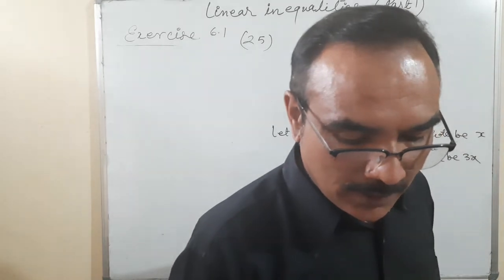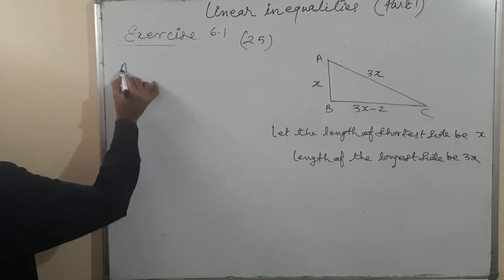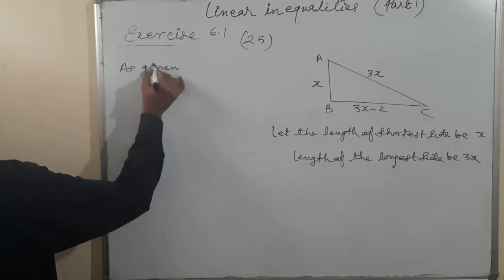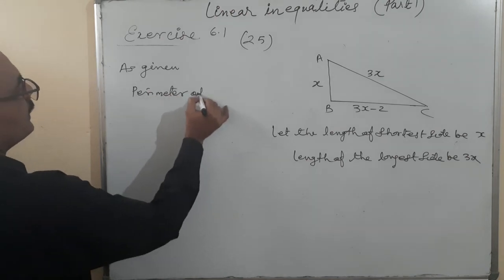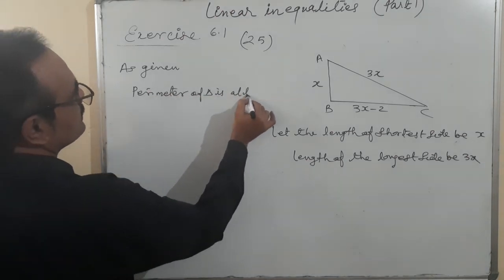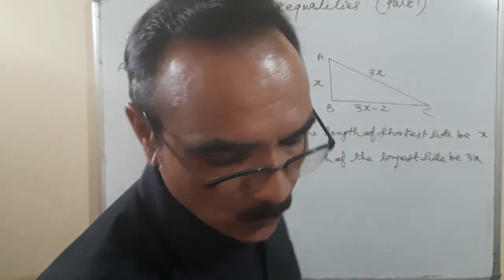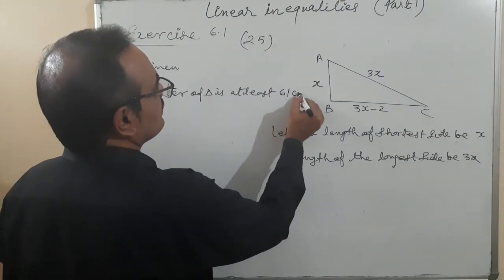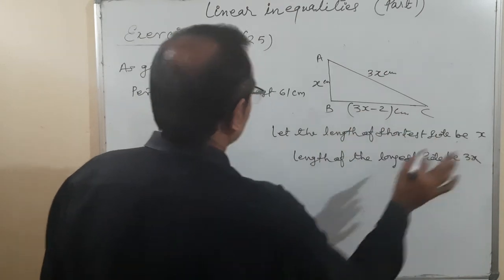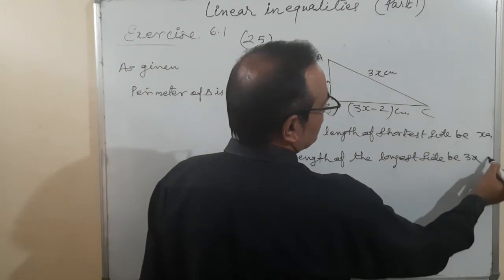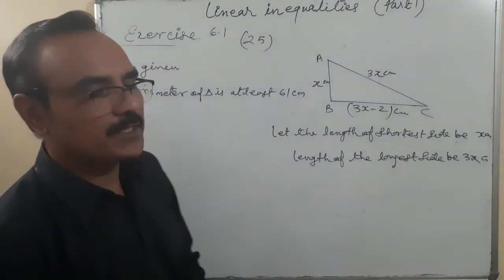If the perimeter of the triangle is at least 61 centimeters, as given, all in centimeters. The perimeter of the triangle is at least 61, which means the perimeter is minimum 61.